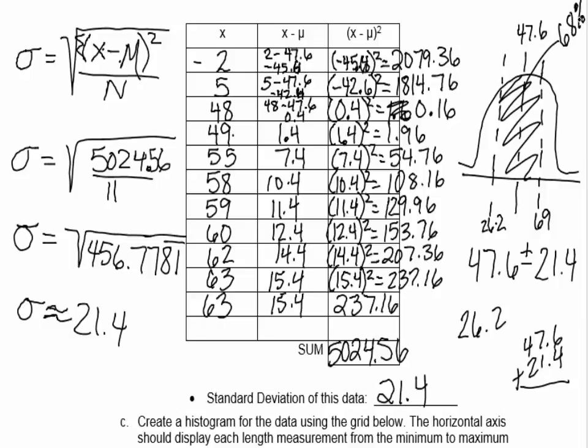Then you can go out and be even more confident and do two standard deviations from the mean. Well, if one standard deviation is 21.4, how much is two standard deviations? 42.8. You just double it, right? So instead of adding and subtracting one standard deviation, I would do two of them, 42.8.